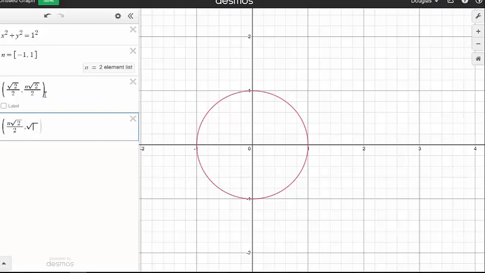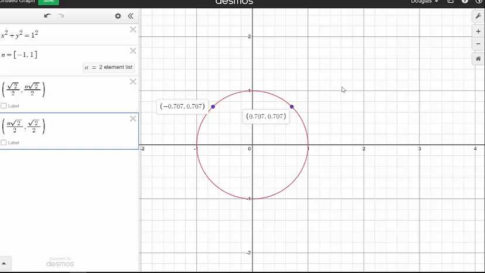Comma, square root of 2, all over 2. Alright, so note that the 2 points we found are symmetric about the y-axis, right? They have the exact same y-coordinate, but they've got different x-coordinates. So they're right on the same horizontal line in this case.